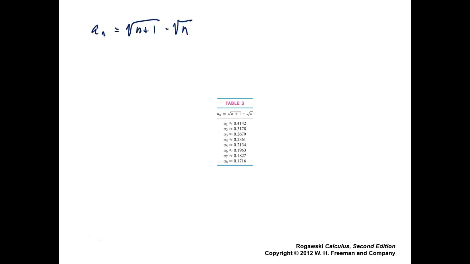You could have started with n equals 0: the square root of 1 minus the square root of 0 would be 1. So a sub 0 would have been 1. A sub 1 would be the square root of 2 minus the square root of 1. That's 0.41. The square root of 3 minus the square root of 2, do it out and see. Keep doing that, and it's getting less and less.